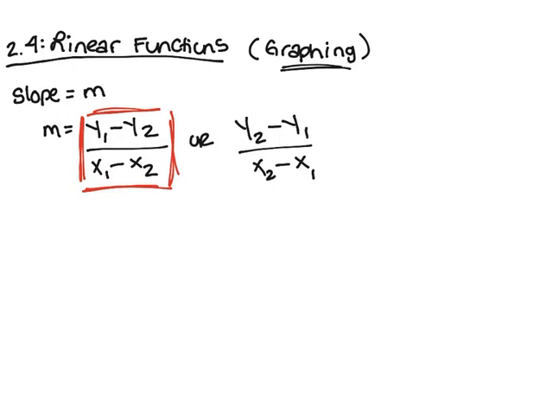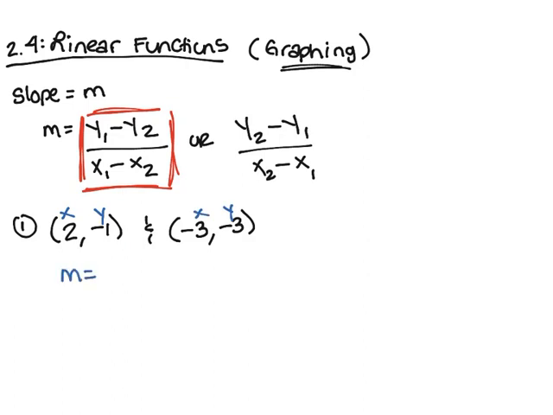to find the slope. So first example, if we were to have the points 2, -1, and -3, -3. We're going to plug it in. Our y numbers would be -1 minus a -3.